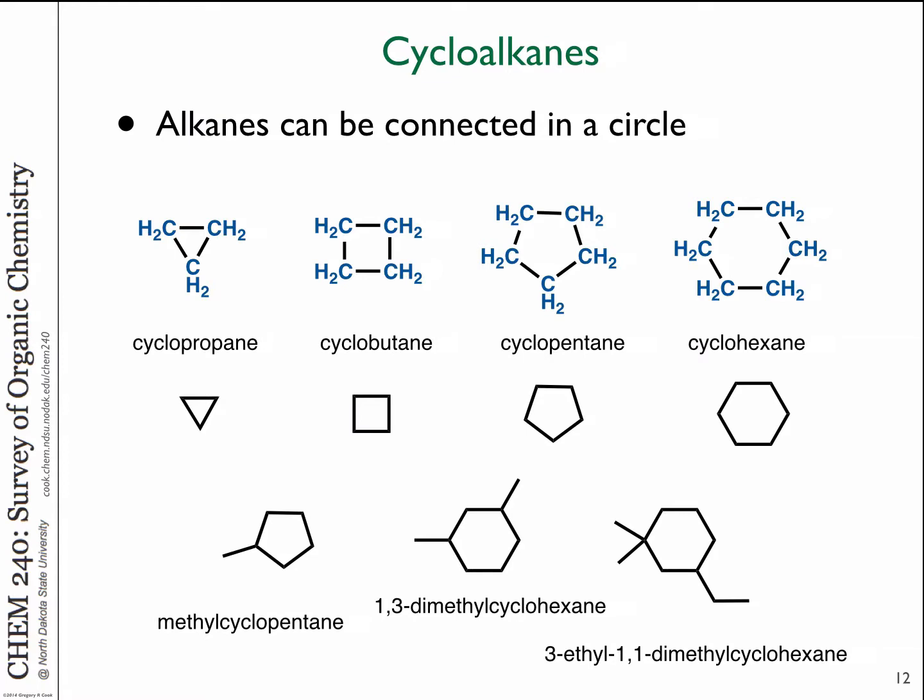The smallest, of course, is the 3-carbon ring compound. Notice the name that we use for these. So when we name these molecules, we use the parent name for the chain. In this case, 3 carbons would be propane, and we put cyclo in front of it to refer to the ring structure. Okay, so we can have molecules which are 3 carbon rings.